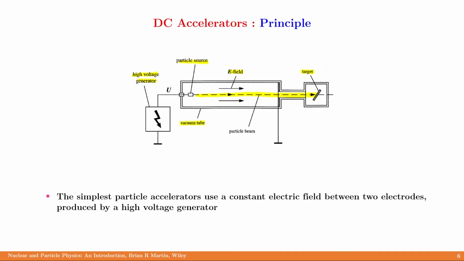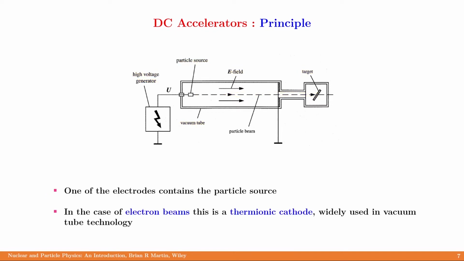The simplest particle accelerators use a constant electric field between two electrodes produced by a high voltage generator. One of the electrodes contains the particle source. In the case of electron beams, this is a thermionic cathode widely used in vacuum tube technology.